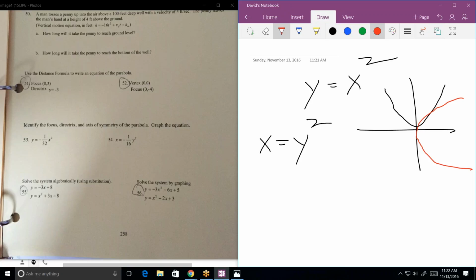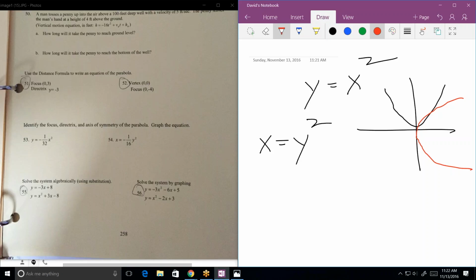And so what you're looking for is which variable is squared. If it's the y that's being squared, it's a horizontal parabola. If it's the x that's being squared, like you're used to, it's a vertical parabola. Okay? So we know that it's a horizontal parabola, but we see that negative sign.